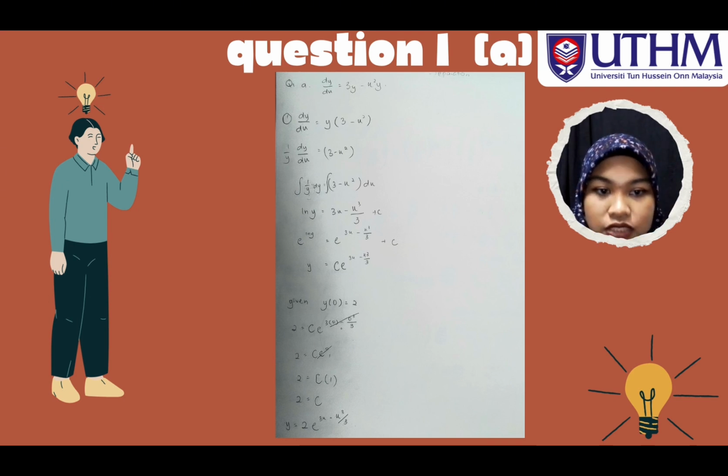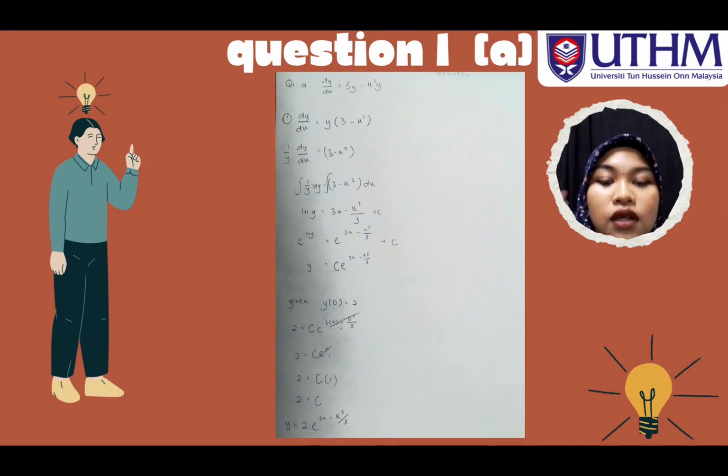The power of x will be added by 1, so it becomes x power of 3, and then it will be divided by 3. When we integrate, we need to add a constant, so plus c.